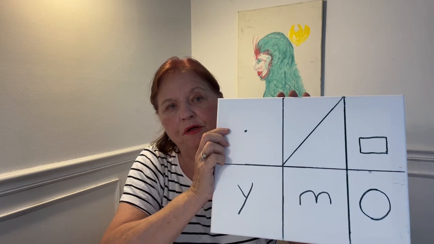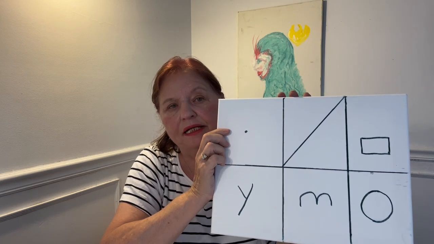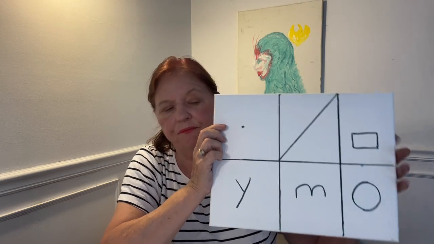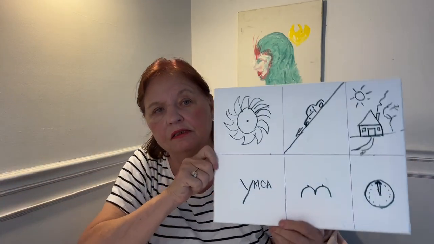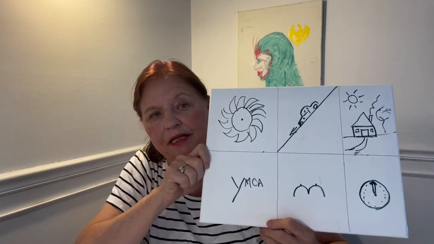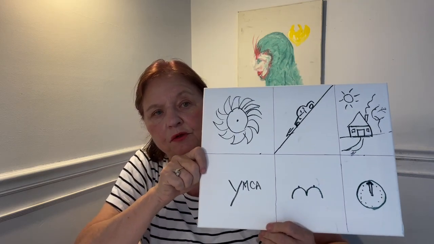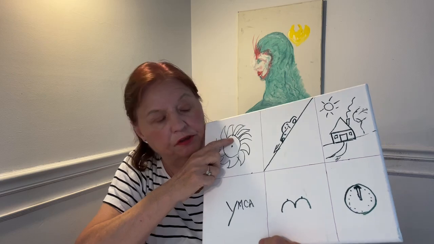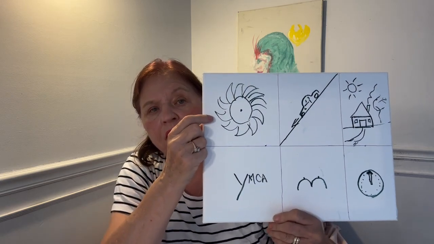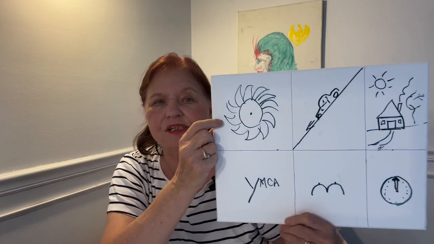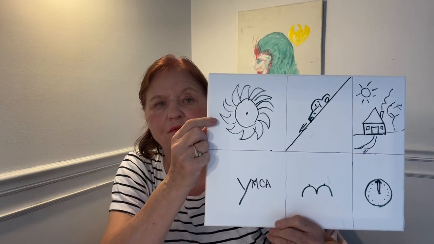Right now I'm going to show you some of the ways that you can interpret this. I've got another one here that's already been marked up. And this one is typical of many of the people I've worked with. For the first one, this little circle, someone has made a sun. Now that would show a very positive, sunny identity. They feel good about themselves.